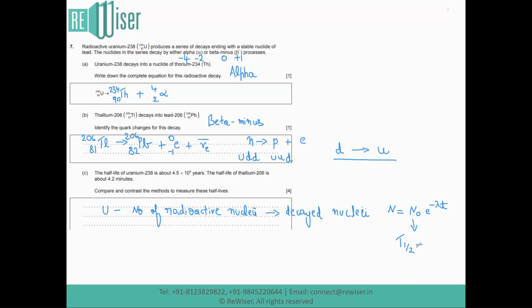Half-life T half is equivalent to 0.693 divided by the decay constant lambda.